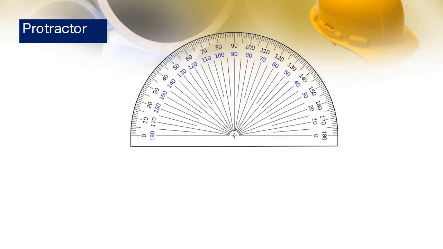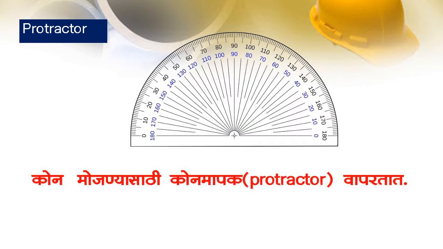Next, this is a protractor. There are markings from 0 to 180, and from this end 0 to 180. शून्यापासून 180 पर्यंतच्या या खुणा असतात, and with the help of these degrees we can construct an angle of whatever measure we want. तर कोन मोजण्यासाठी किंवा ठराविक अंशाचा कोन काढण्यासाठी कोनमापक म्हणजेच प्रोट्रॅक्टर वापरतात.